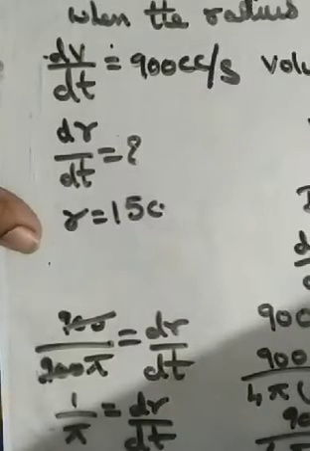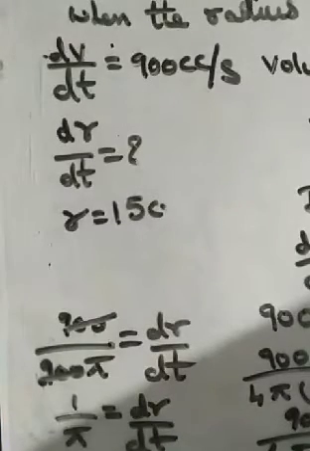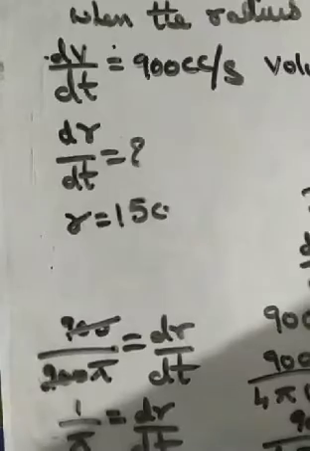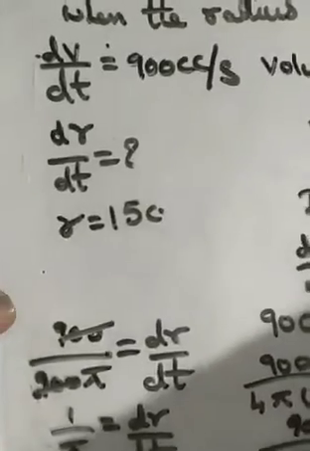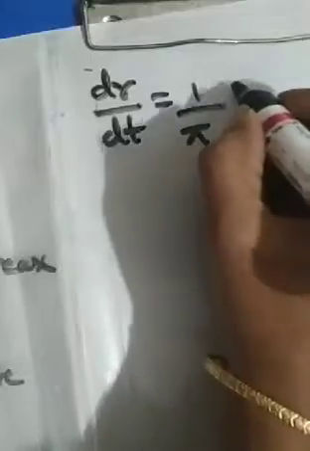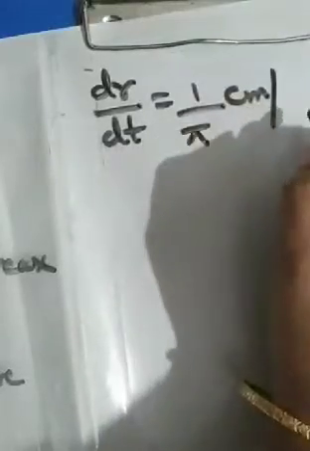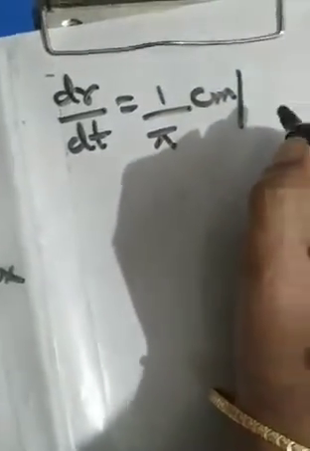So what did we get for dr by dt? 1 by pi, isn't it? So conclude the answer that dr by dt is equal to 1 by pi centimeter per second.